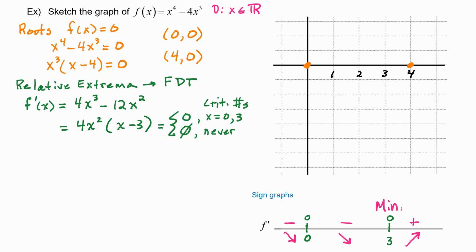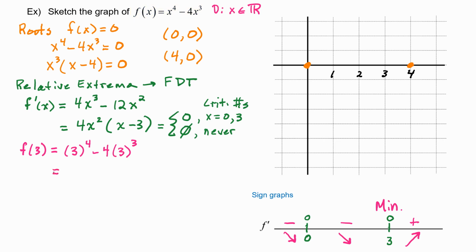Now to find out the y value of the min, we need to plug x equals 3 into the function. So we need f of 3. And of course we're plugging into f of x here. So we have to go 3 to the 4th power minus 4 times 3 cubed.